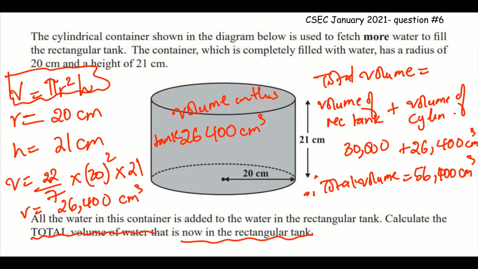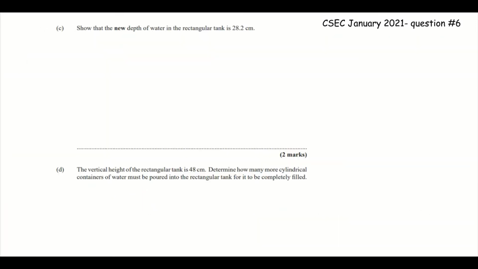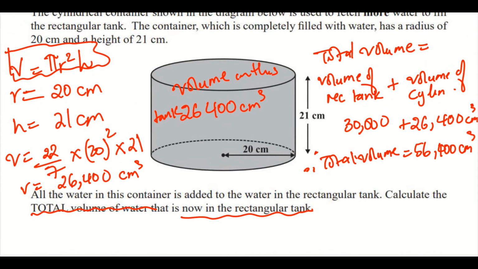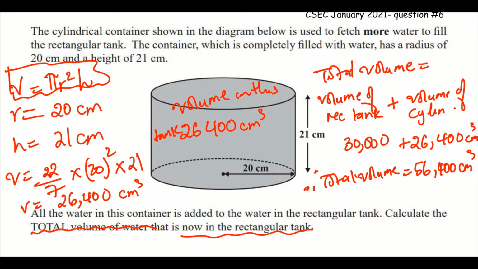Now for the next part, part C says that we're supposed to show that the new depth of the water in the rectangular tank is 28.2 centimeters. So let's do a quick flashback. They told us we were to find the amount of water, because they use this tank to help fill it up quickly.